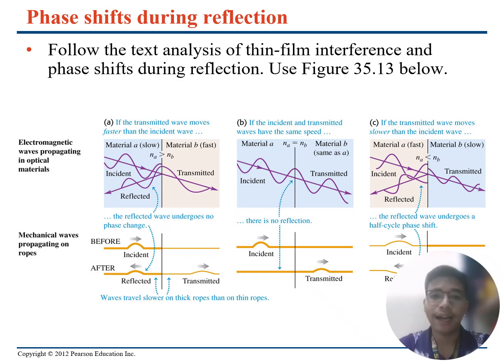Failure to account for reflection-induced phase shifts often leads to incorrect predictions of constructive and destructive interference. Therefore, understanding phase reversals is essential for accurately interpreting interference phenomena in optical systems.